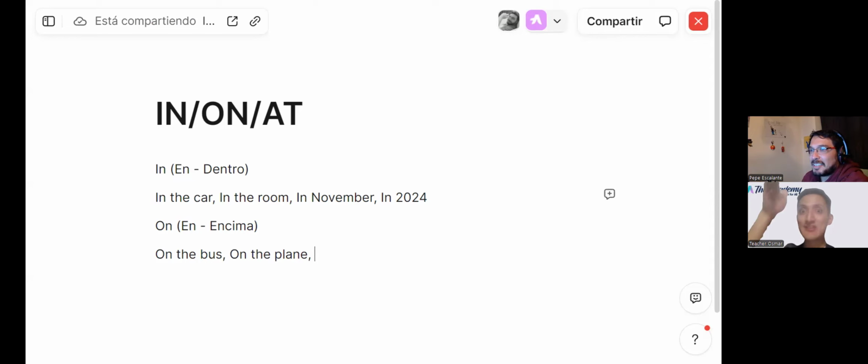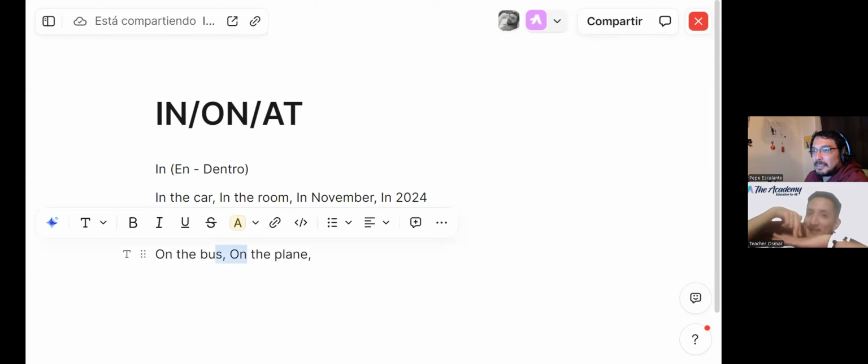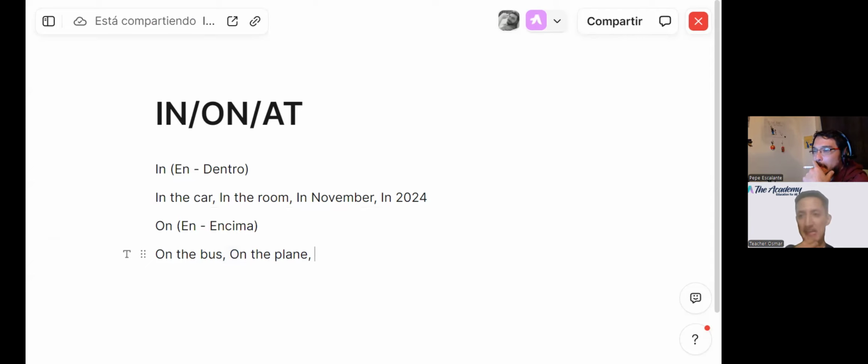Pay attention, in the room because we have the walls. Es un espacio cerrado. This is a closed space with walls, right? In transport, you are able to stand, right?